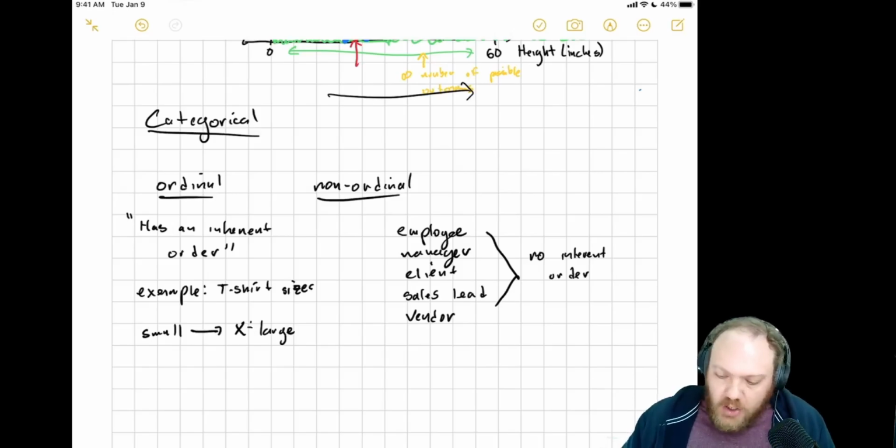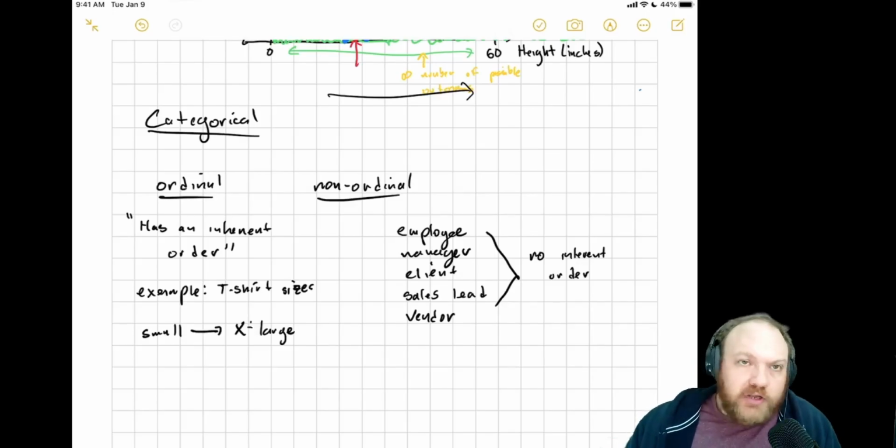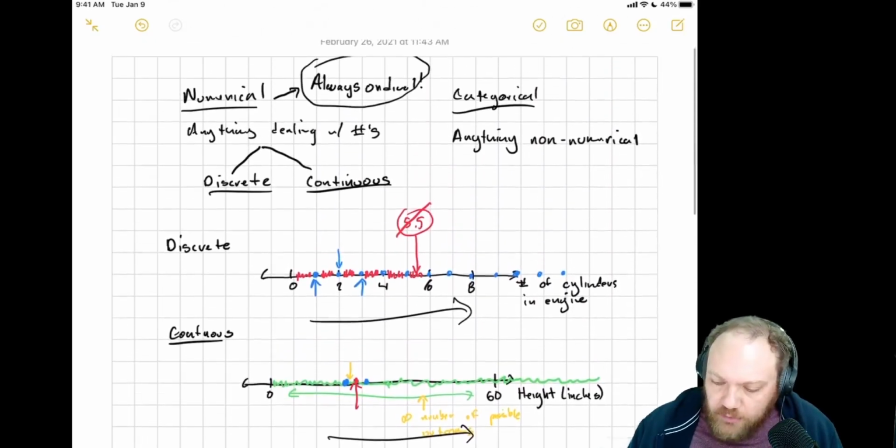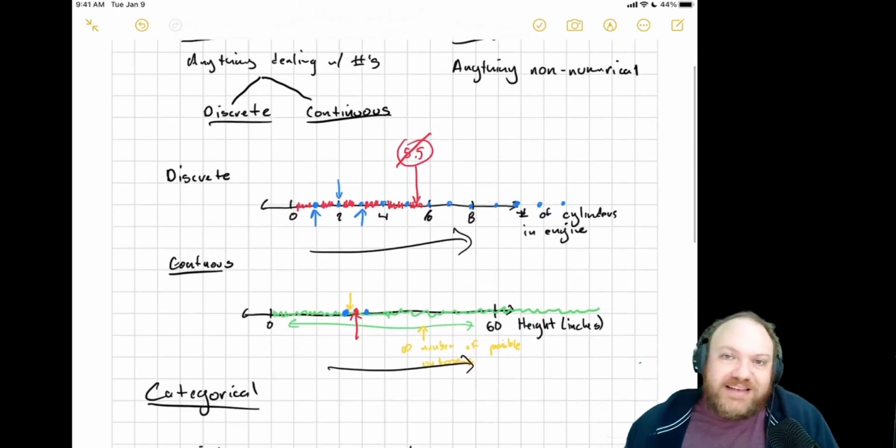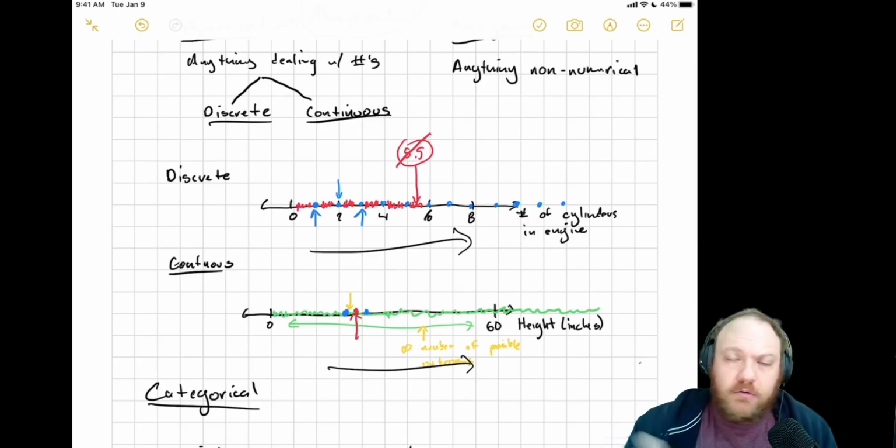So these are sort of the categories of data that are important to know. These are going to help us inform not only when we're plotting, but also when we're doing analysis. And when we start to talk a little bit more about inferential statistics and probability distributions, it's going to be really important for us to be able to identify, is this data numerical or categorical? If it's numerical, is it discrete or is it continuous?